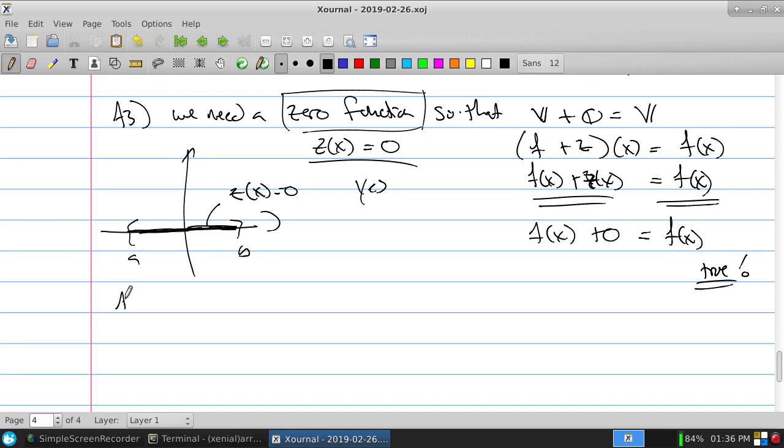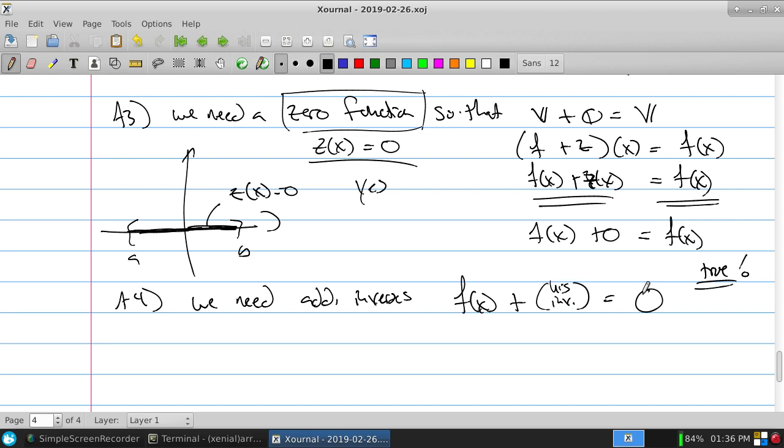Now comes another question. We need additive inverses. So if I took f of x plus its inverse, it needs to spit out 0, because that's z of x, which is a function.